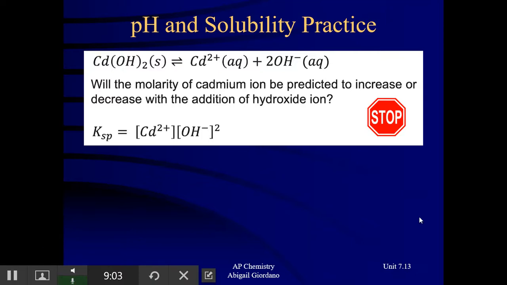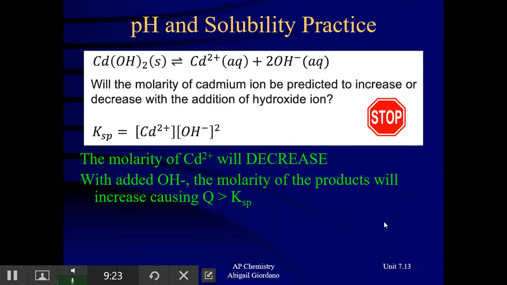All right. So hopefully you said that the molarity of the cadmium ion, which is on the product side, is going to decrease. That would earn you 1 point of this hypothetical free response question. You've got to explain your reasoning. With added hydroxide, the molarity of the products is going to increase.